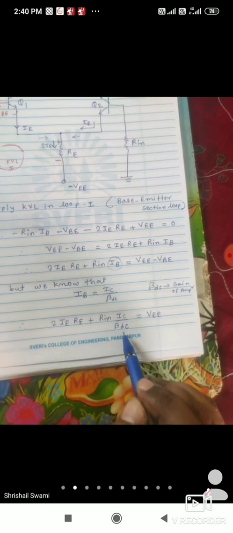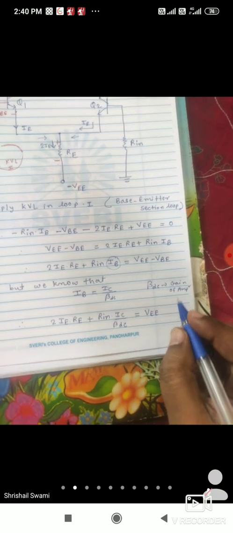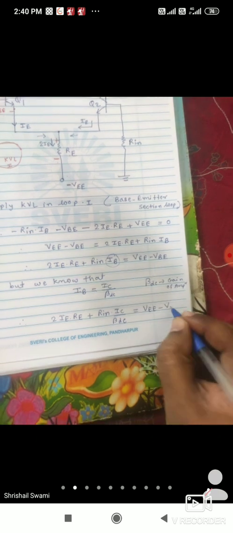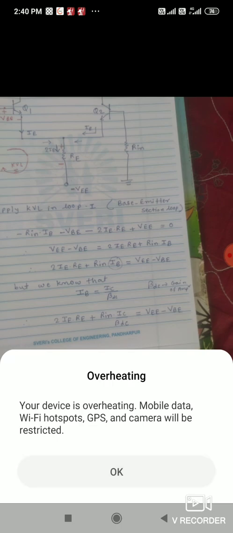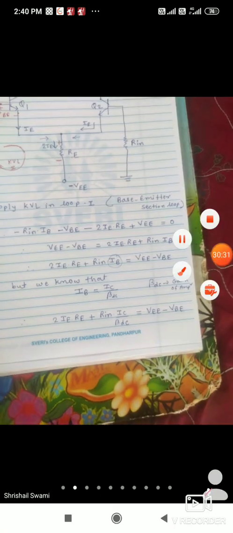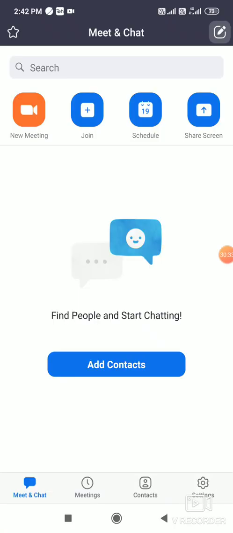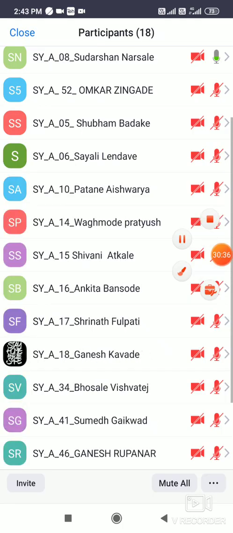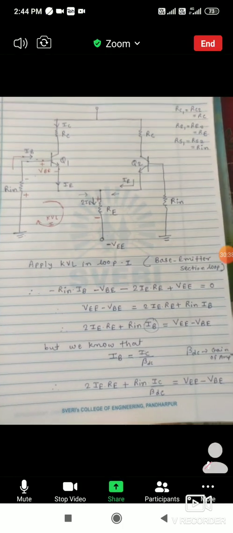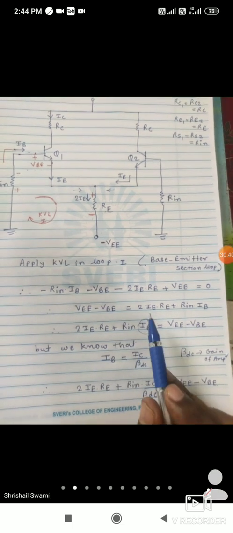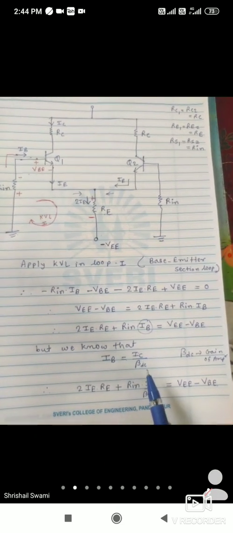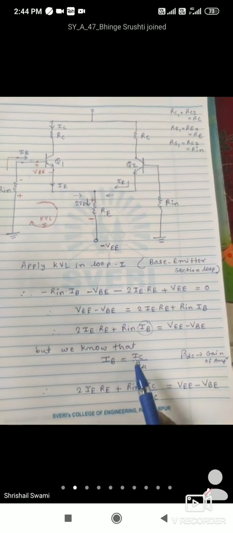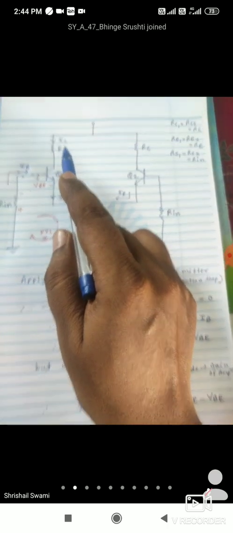So 2IE into RE plus R in into IC divided by beta DC is equal to VEE minus VBE. So here now we have replaced this IB value by IC divided by beta DC, where beta DC is the gain of the amplifier and IC is the collector current that is shown here.